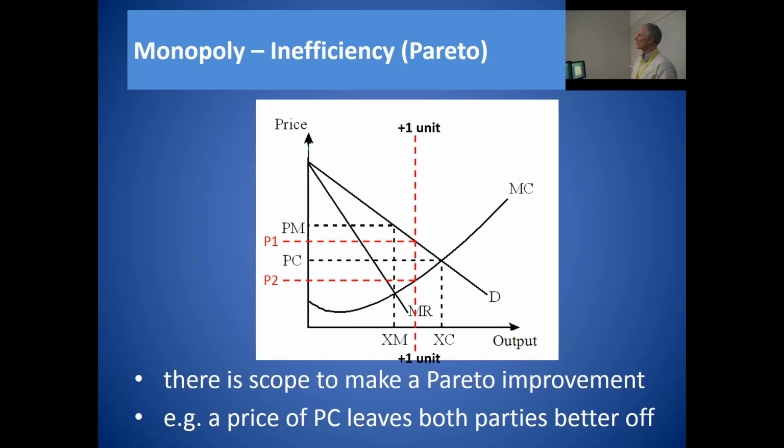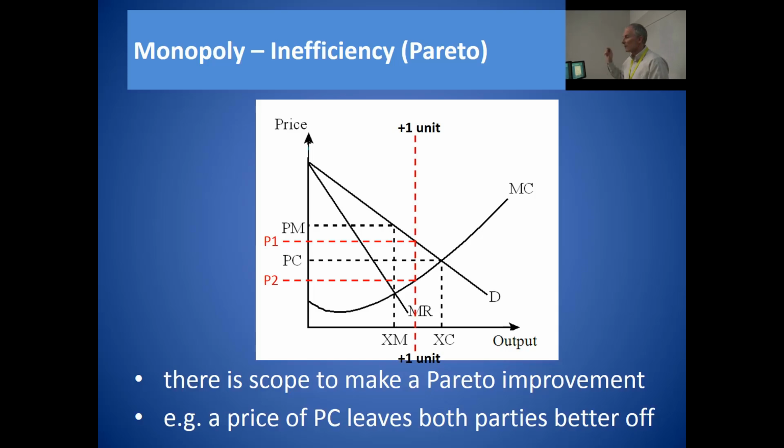Would consumers be better off? Yes or no? Consumers on that one extra unit were willing to pay a price of P1. And yet we can say we could sell it to them for a price of PC. So are the consumers better off?